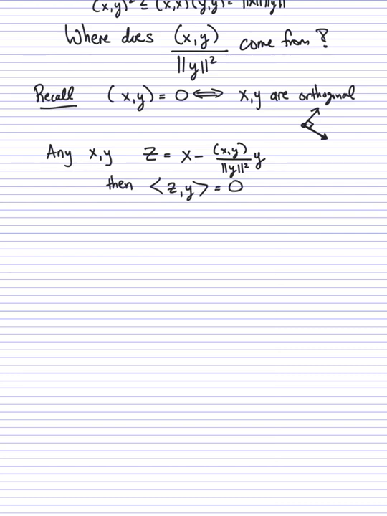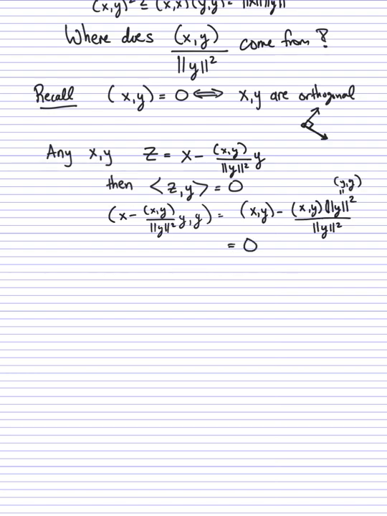It's just pure calculation, right? You're looking at the inner product of x minus this term with y. This is the inner product of x and y minus the inner product of x and y times the inner product of y and y, which is the norm of y squared, over the norm of y squared.